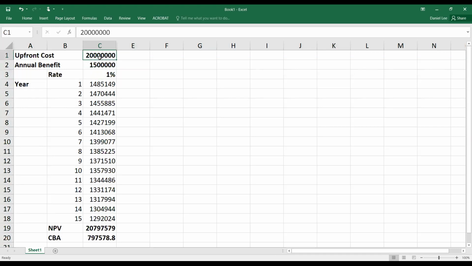So we've got this upfront cost and this annual benefit. What we want to do is discount this annual benefit for each of the years of the program. So you can see here, in this first cell, I have our annual benefit discounted at a rate of 1% by the year of the benefit, in this case, year 1.